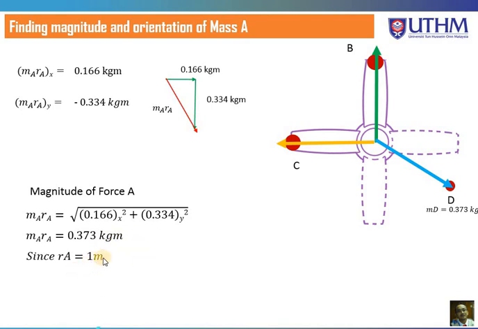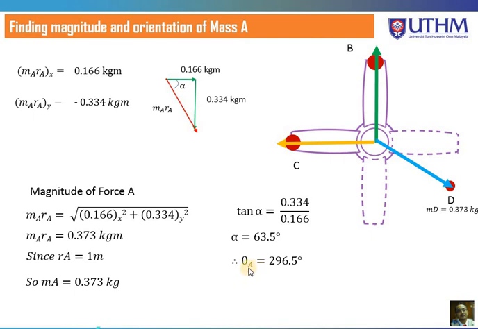Since RA is 1 meter, the mass of A is 0.373 kilogram. The same applies when you want to seek the alpha. Using the cosine formula, you reveal that the degree of mass A referring to the x-axis is 296.5 degrees. So this is the location and orientation of mass A.